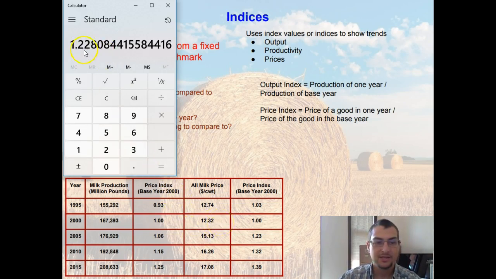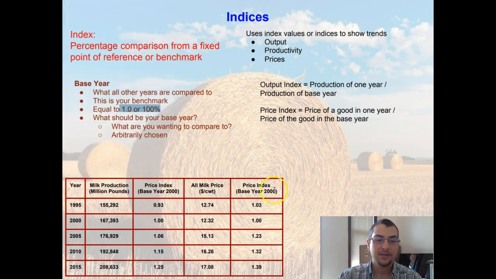We see that in the year 2005, milk prices were approximately 1.23 as our index, or 23% higher than in the year 2000. So we could go through and calculate all of these indices. You can do it for anything using the same format: find the base year and compare all the other years back to the base year.